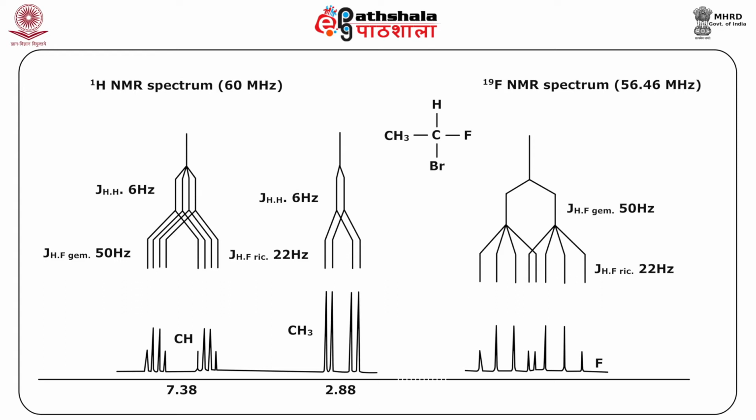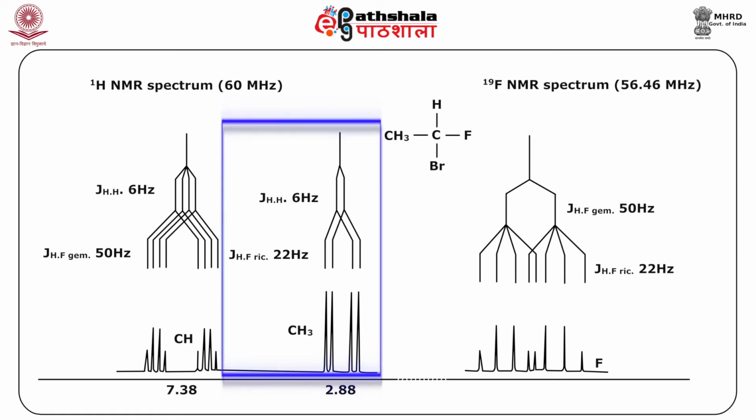In the proton spectrum, the hydrogen-hydrogen coupling between CH3 and CH protons should give you a quartet and a doublet, but the HF coupling complicates the splitting pattern. The methyl signal is further split by 19F. Each line of the doublet is split into 2 by the large vicinal hydrogen fluorine coupling, whose coupling constant is 22 Hz.